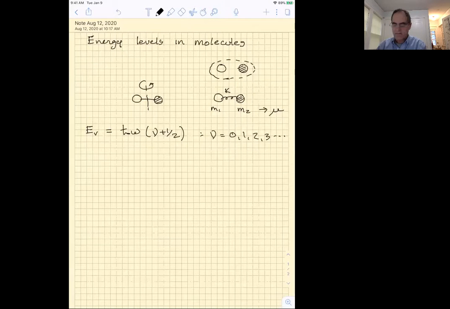So here, the vibrational energy is quantized in units of h bar omega, where omega is the natural frequency of the oscillator. And in this expression, nu is a quantum number, which can take on values 0, 1, 2, 3, and so on. The rotational energy, in contrast, is given by this expression.